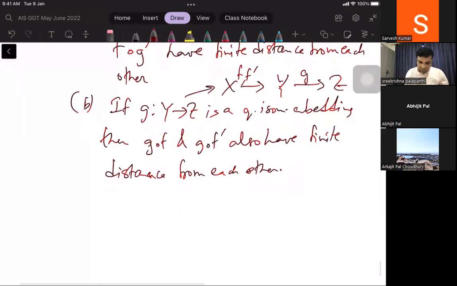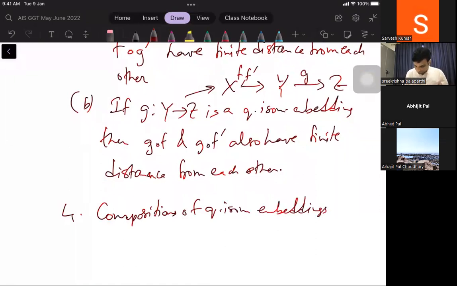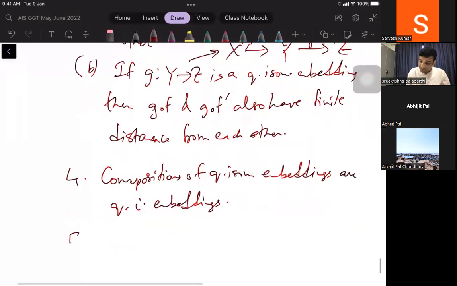Another property is that compositions of quasi isometric embeddings are quasi isometric embeddings, and compositions of quasi isometries are quasi isometries.